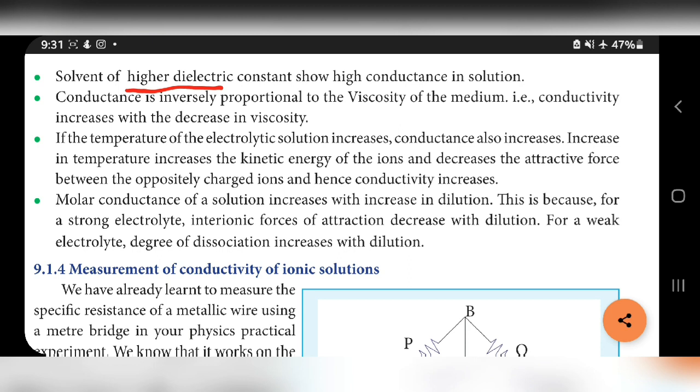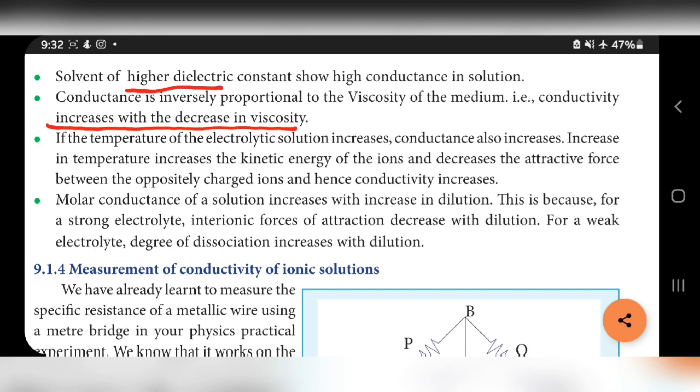Third one: conductance is inversely proportional to viscosity, because if viscosity increases, conduction decreases, and if viscosity decreases, conduction increases. So conductivity increases with a decrease in viscosity. Viscosity means the flowness of liquid.